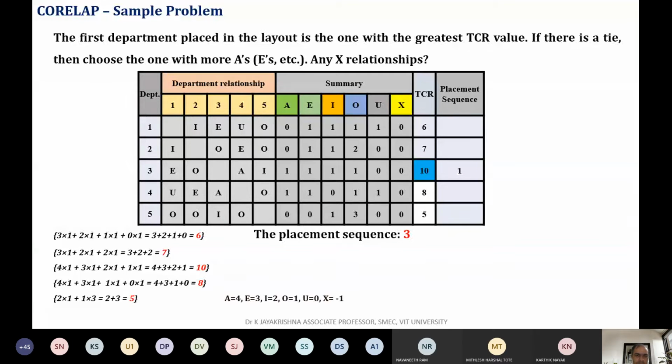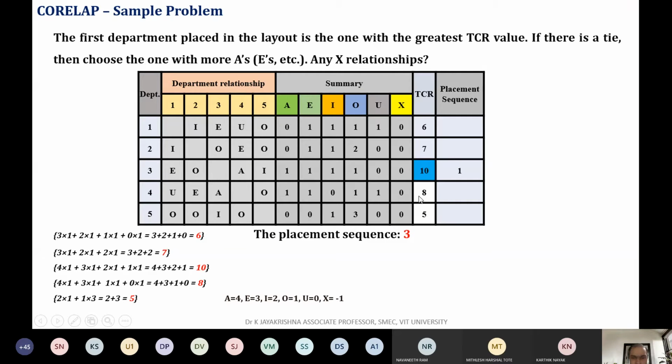So that's how I get 10. Similarly, 4 into 1, 3 into 1, 2 into 0 plus 1 into 1 plus 0 into 1 plus -1 into 0, 8. Similarly, 4 into 0, 3 into 0, 2 into 1, 1 into 3, plus 0 into 0 plus -1 into 0. I get the value of 5.